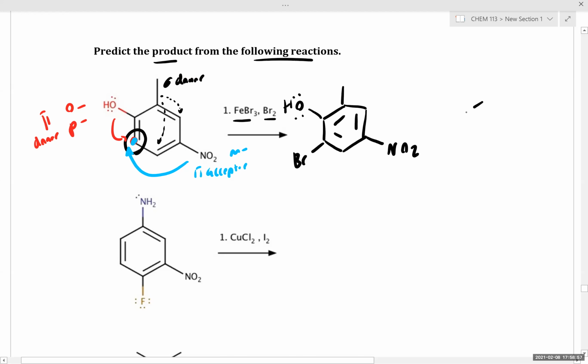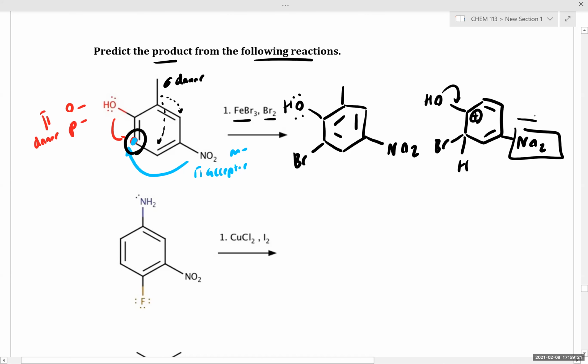And again, this is based on this idea that if we generate a carbocation via substitution at this position, that carbocation is stabilized via resonance, and it is never destabilized directly by your electron withdrawing nitro group.